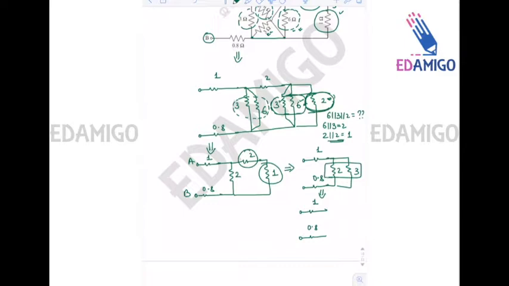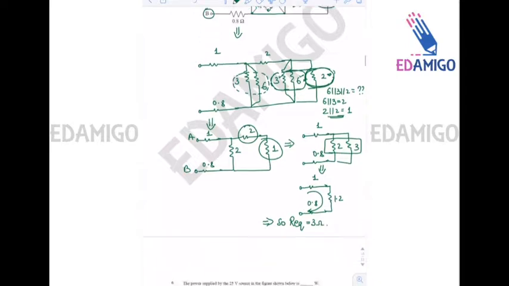That is 6 divided by 5. That is 1.2 ohms. Right? So R equivalent is series combination of these three circuit resistances. That is 3 ohms. So 3 ohm is the answer. Okay.